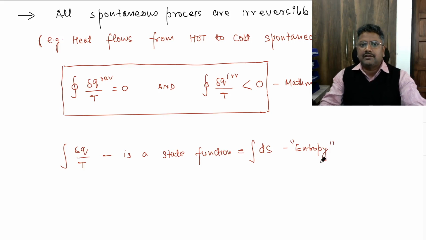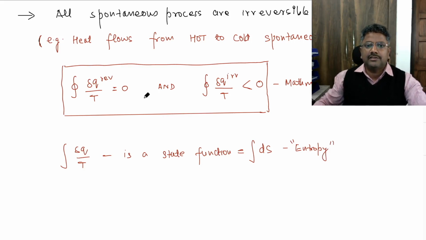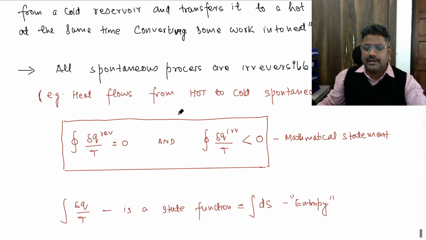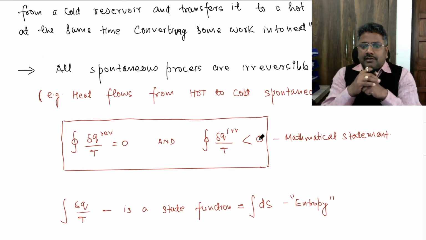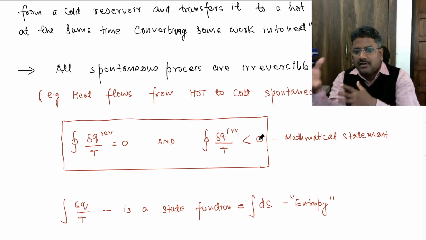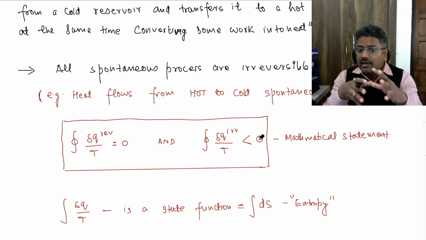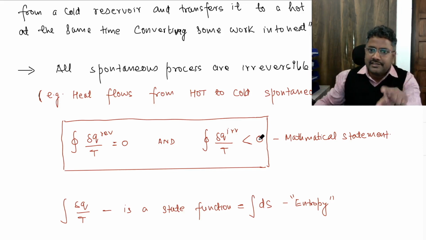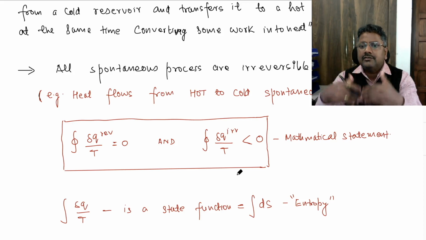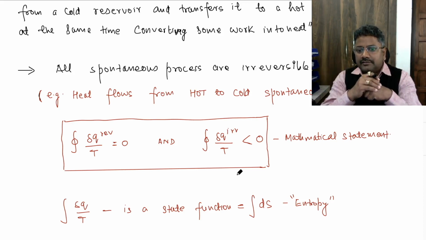So we will justify how this is equal to 0, and how this is less than 0 in a cyclic process. We will try to justify these mathematical statements and link them with the Kelvin statement or Clausius statement. So the Clausius and Kelvin statements and this mathematical relation can be linked together, and then we can define this entropy, right?